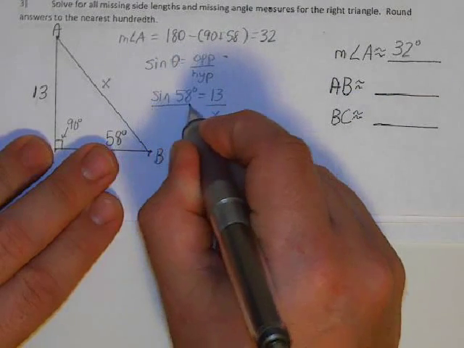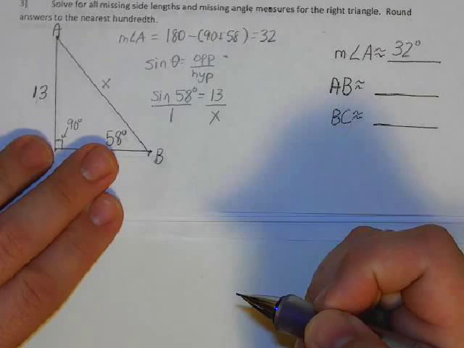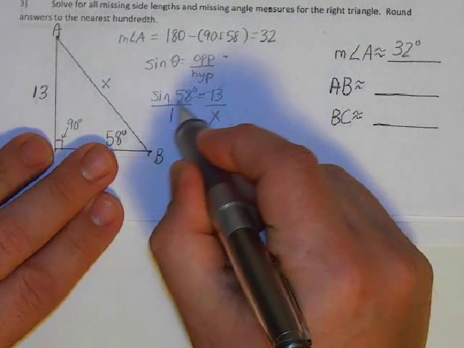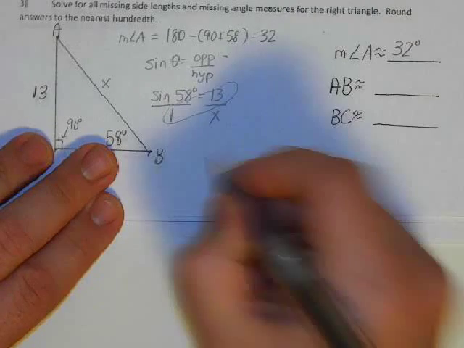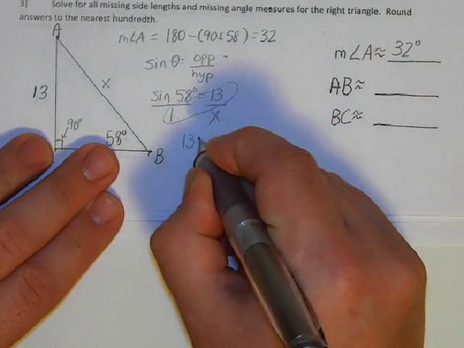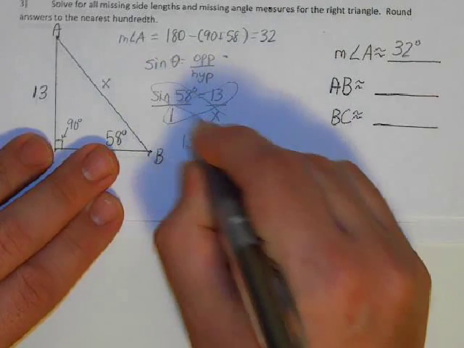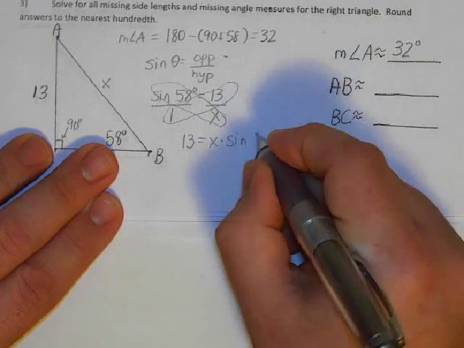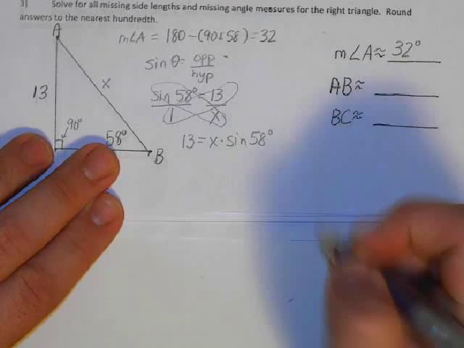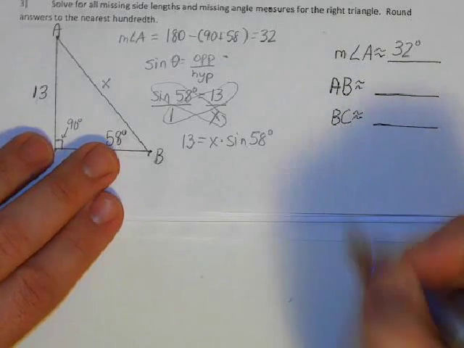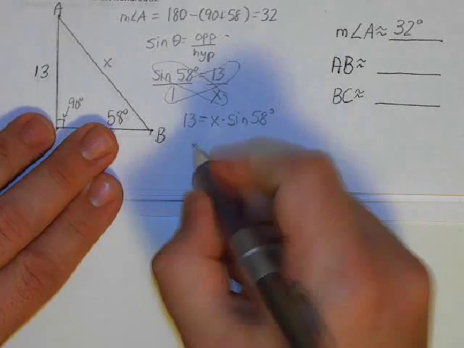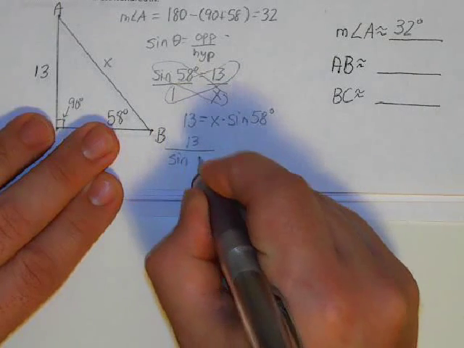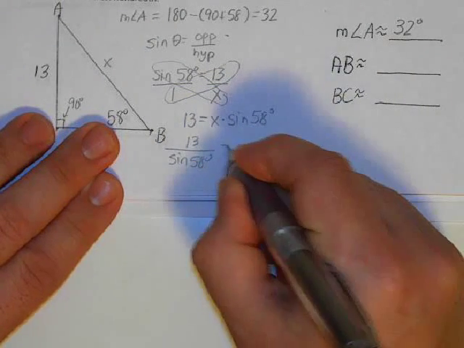One way you can do this is to put 1 under the sine of 58 degrees and solve this like a proportion. So 1 times 13 is 13. And then here we get x times the sine of 58 degrees. To get x by itself, we'll divide both sides by the sine of 58.